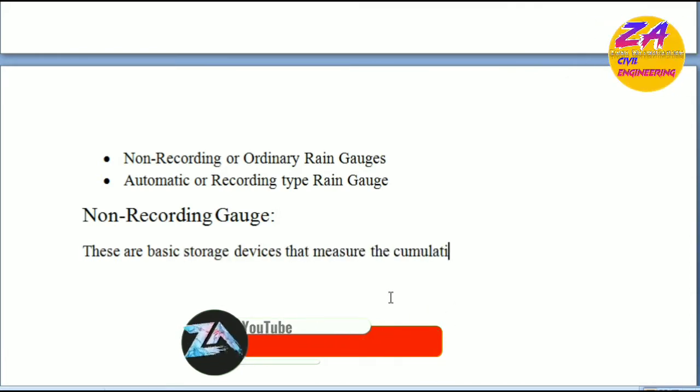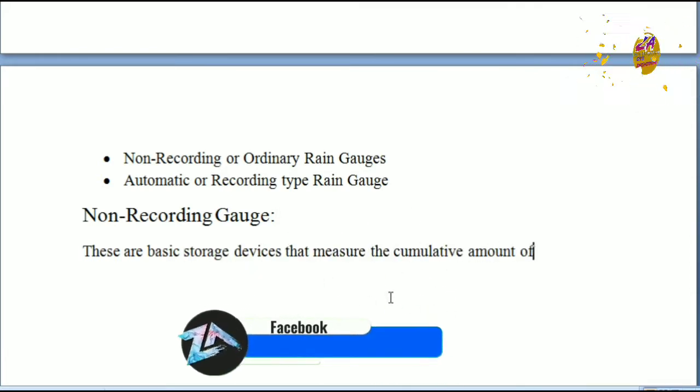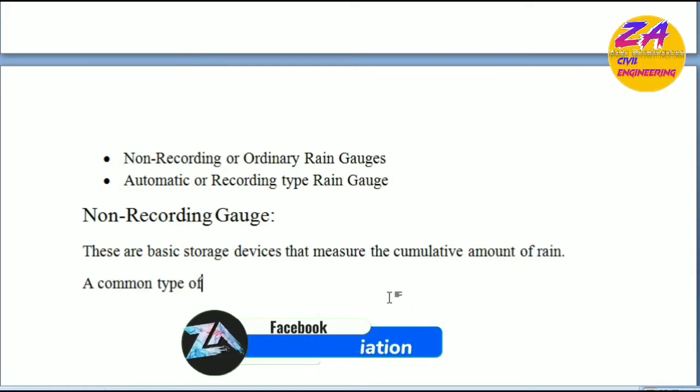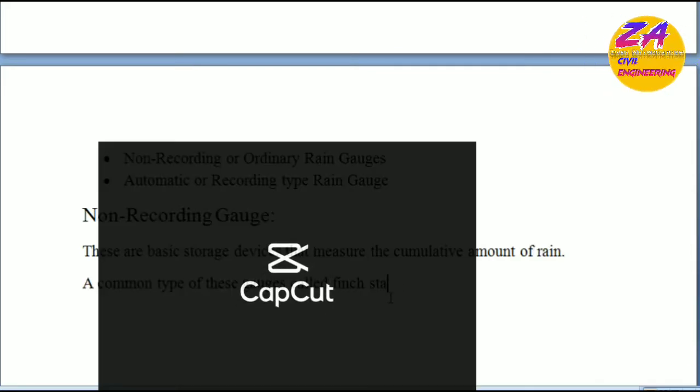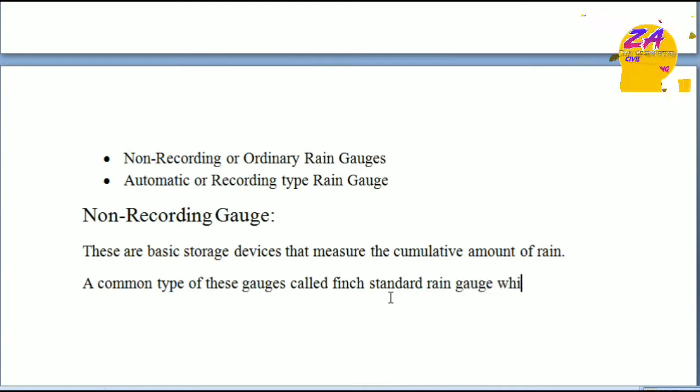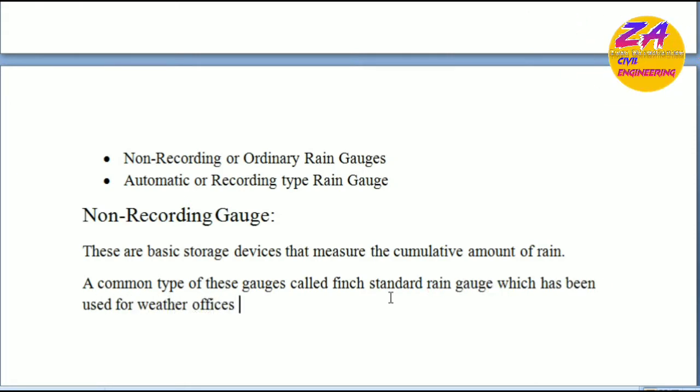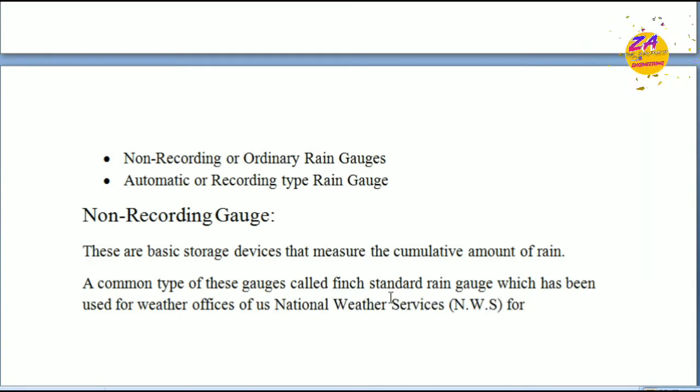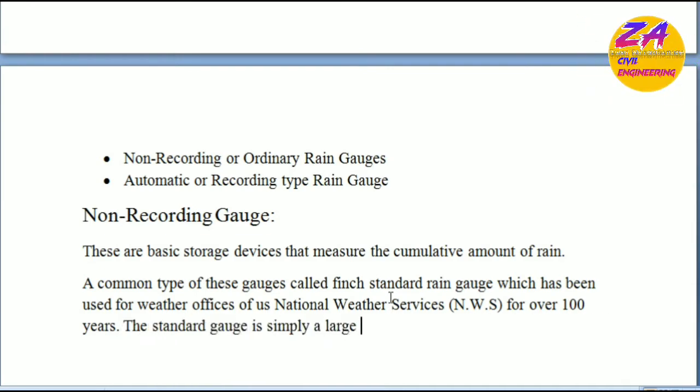These are basic storage devices that measure the cumulative amount of rain. A common type of these gauges is called the Standard Rain Gauge, which has been used by weather offices of the US National Weather Service (NWS) for over 100 years.